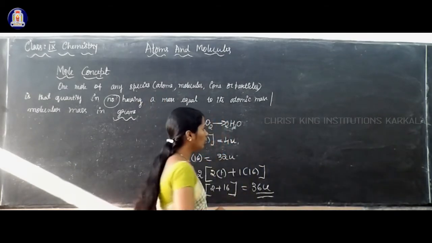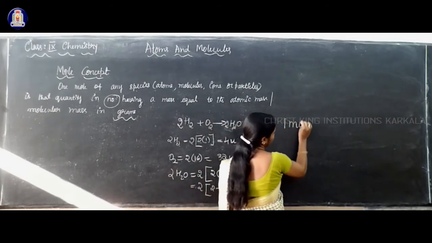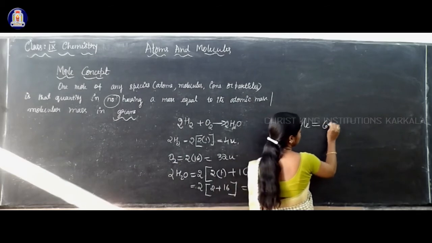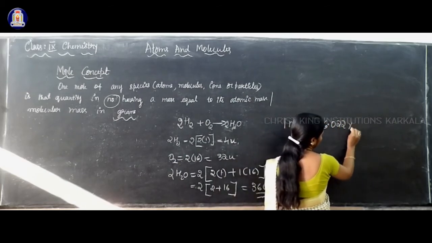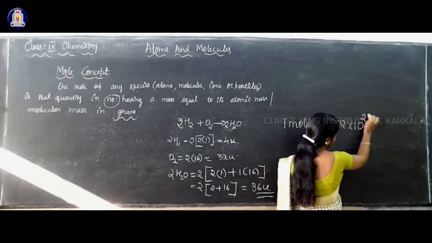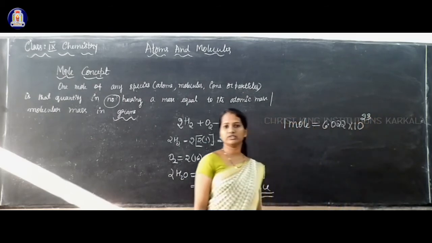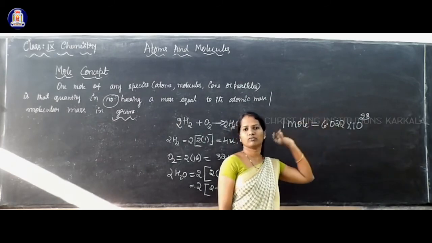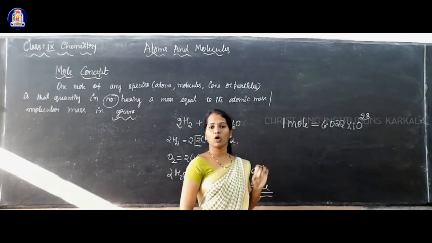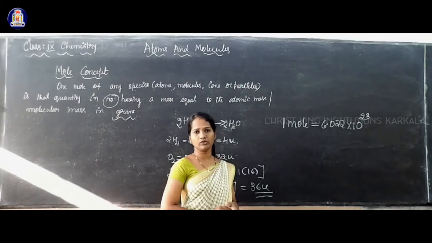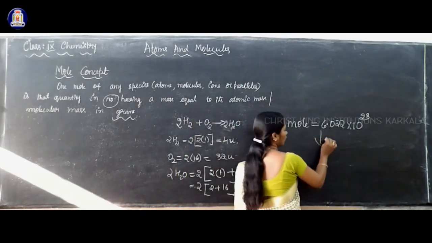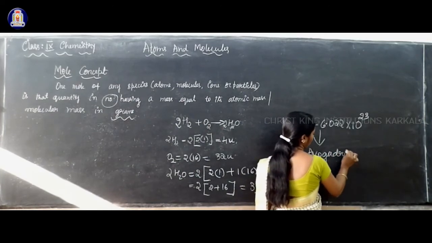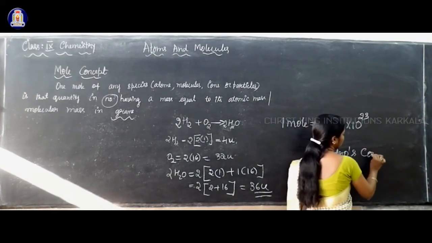Usually 1 mole is equal to 6.022 into 10 to the power 23, and this constant value is called Avogadro's number. Avogadro's constant or Avogadro's number.